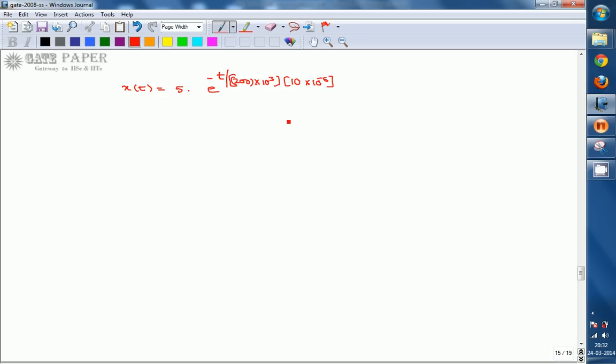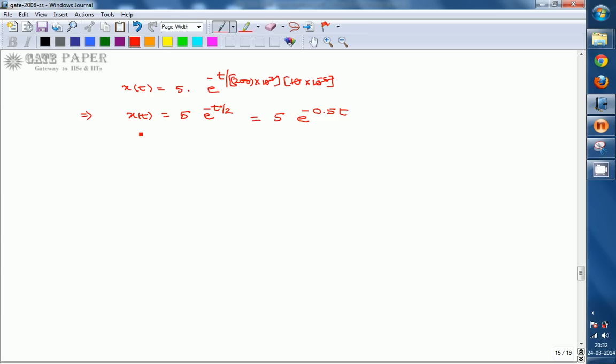By cancelling the values, 10 power minus 6 cancels with 10 cube and the 10 square, and finally we get x of t equals 5 into e power minus t by 2, that is 5 into e power minus 0.5 t.